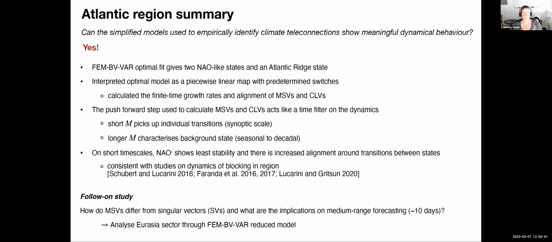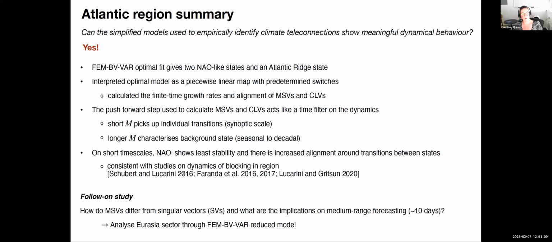The basic thing is that the push forward step that you're using to calculate the MSVs versus CLVs really acts like a time filter on your dynamics. If you use a short window, you're picking up individual transitions, or one could think of synoptic scale behavior. And for the longer push forwards, it was really just characterizing the background state, giving you a seasonal to decadal characterization of your dynamics.